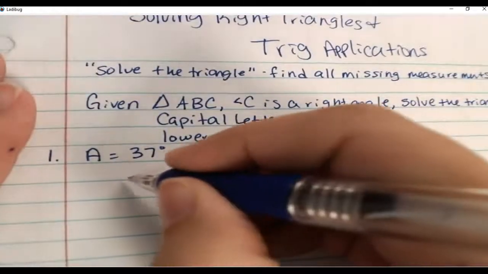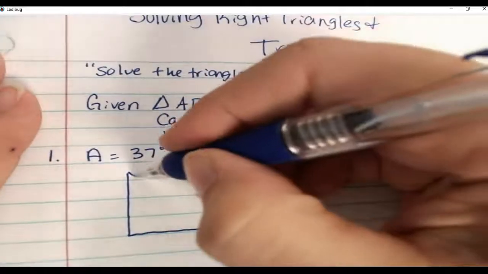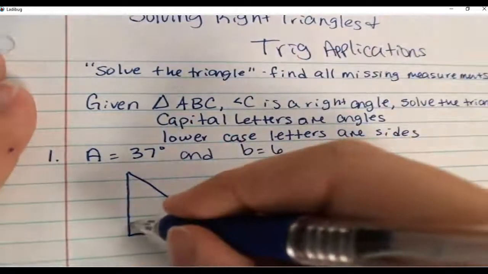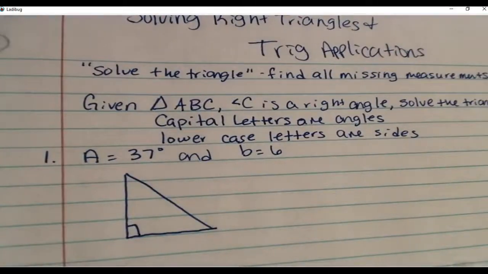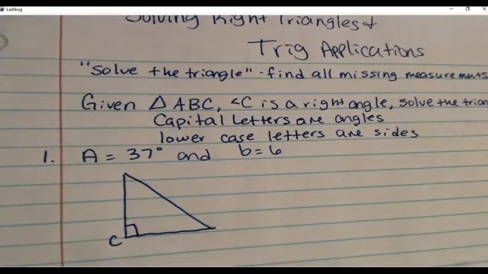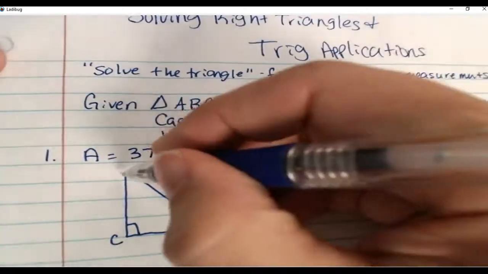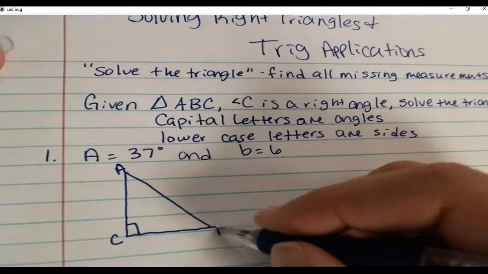So, I'm going to draw a right triangle. And it already told me that C was my right angle. It does not matter where you put A and where you put B. You can put A at the top, you can put B at the top. I'm going to put A at the top and B at the bottom.